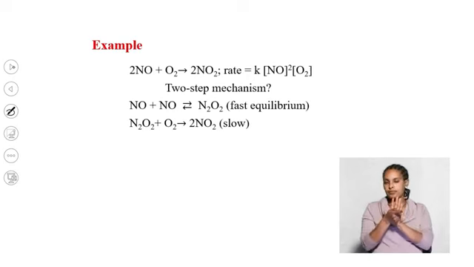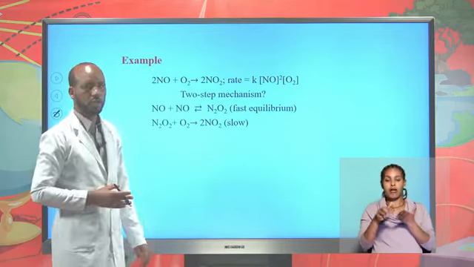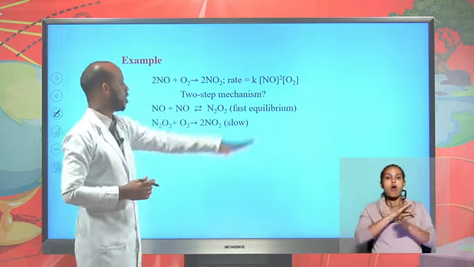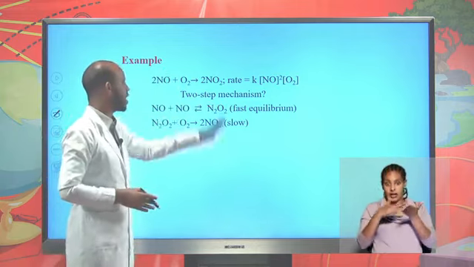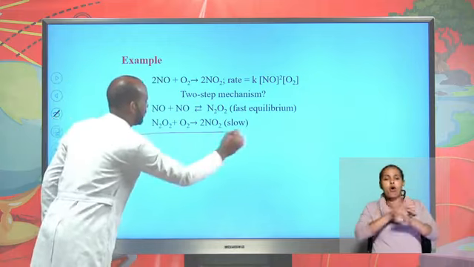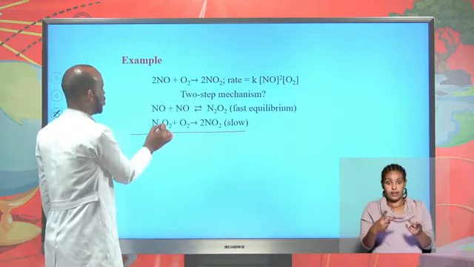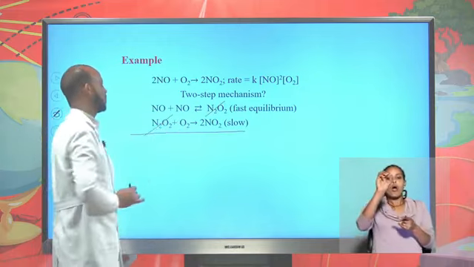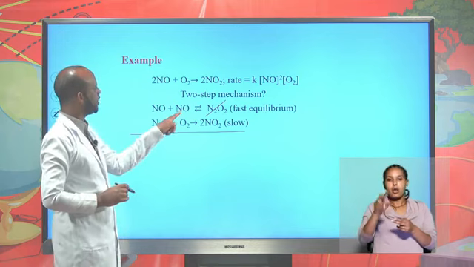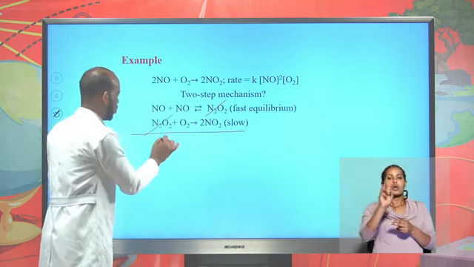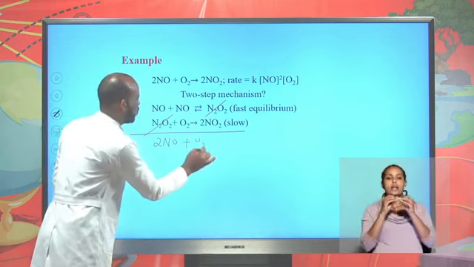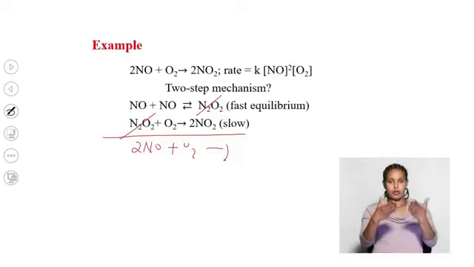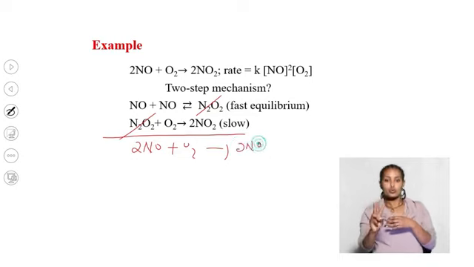Example, look at this reaction. This is the overall reaction of these elementary reactions. Elementary reactions add up to give the overall reaction. You see, N2O2 will be cancelled by this. NO plus NO is 2NO, 2NO plus O2 form 2NO2.